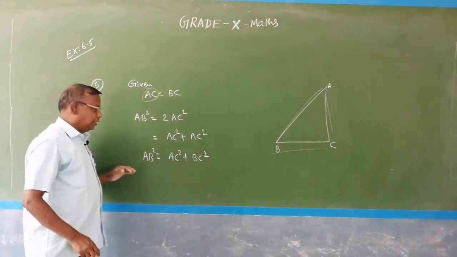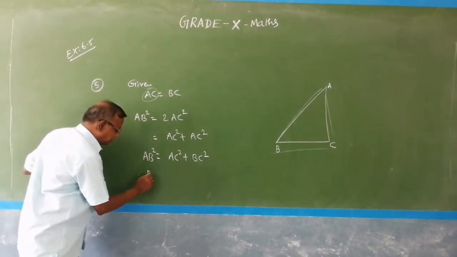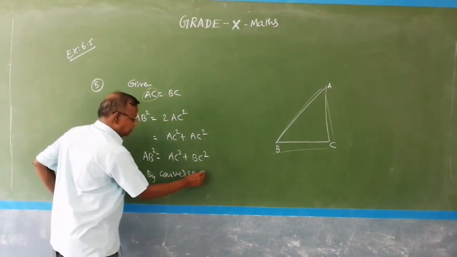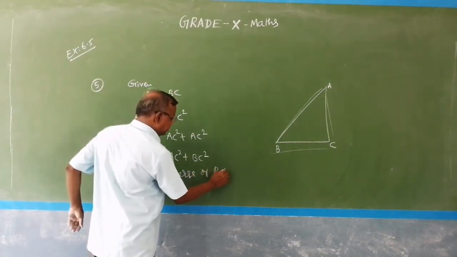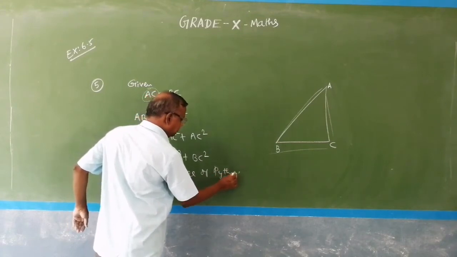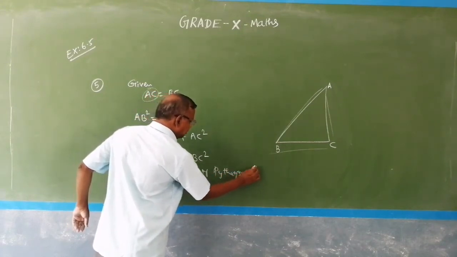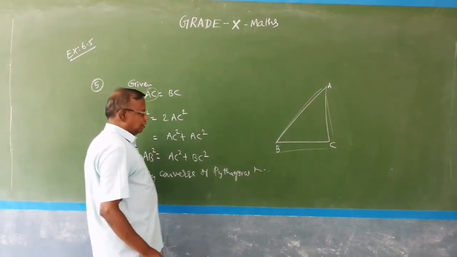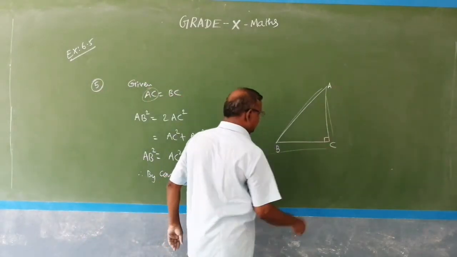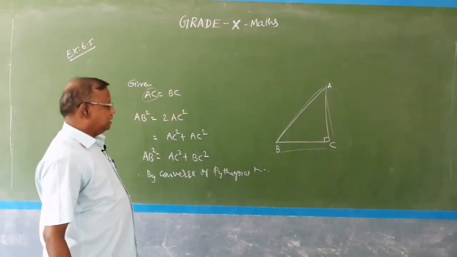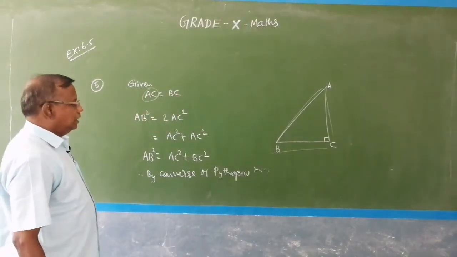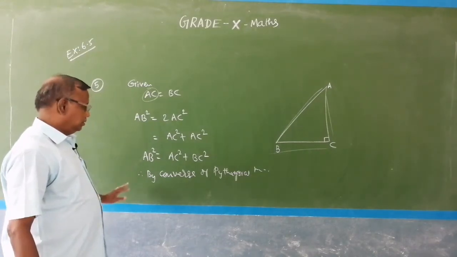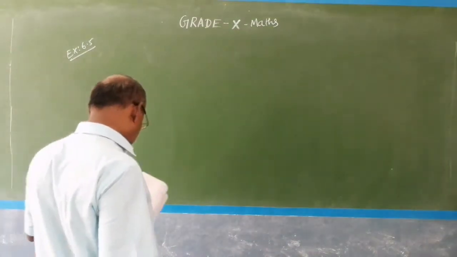Therefore, by converse of Pythagoras theorem, ABC is a right angle triangle, with the right angle at C. So, that is proved.